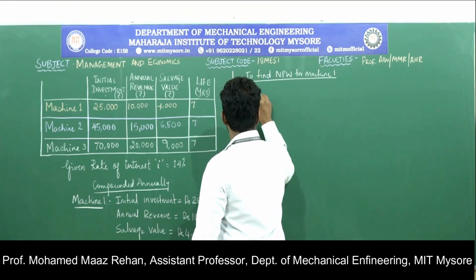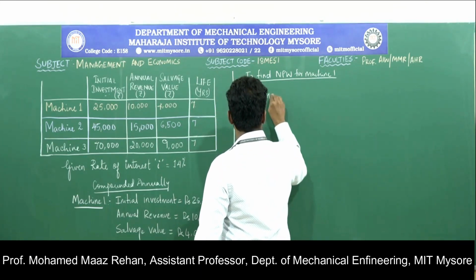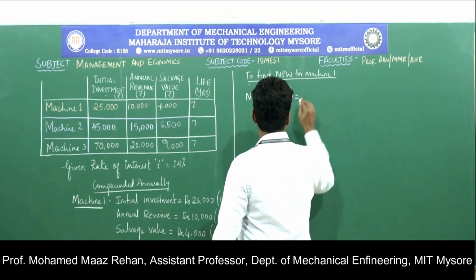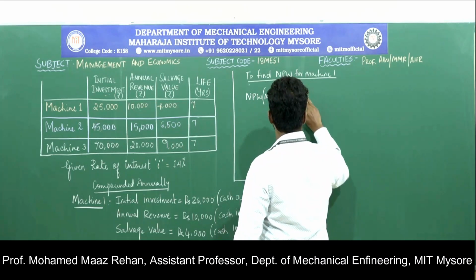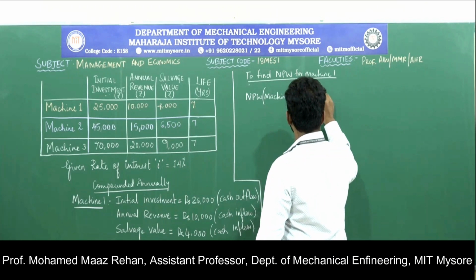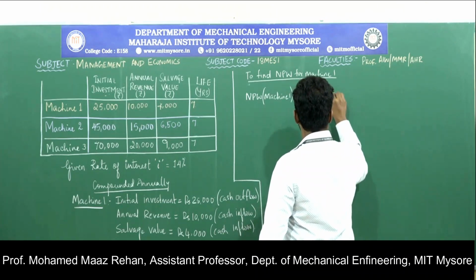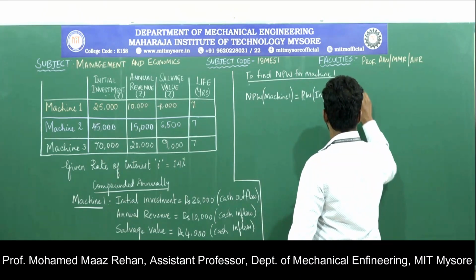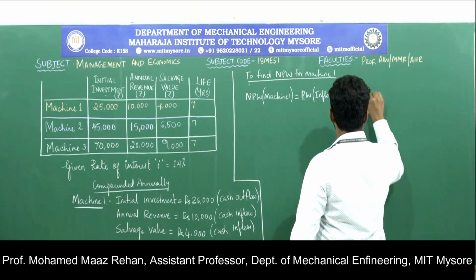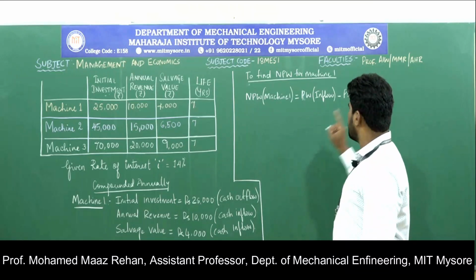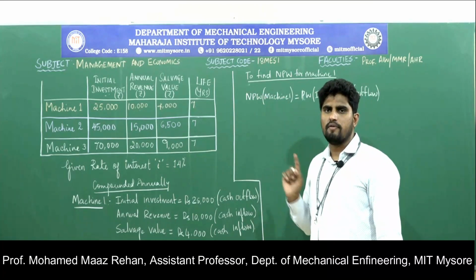Net present worth for machine 1 is nothing but present worth of inflow minus present worth of outflow. So present worth of inflow minus present worth of outflow gives the net present worth of machine 1.